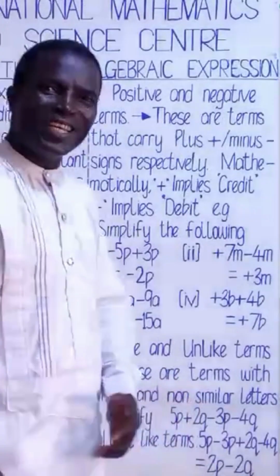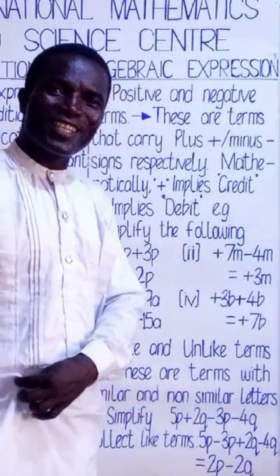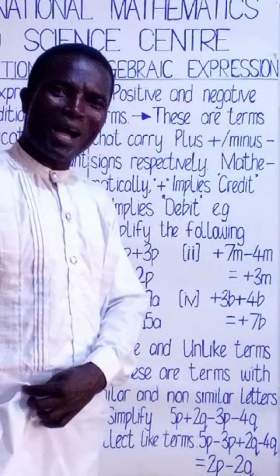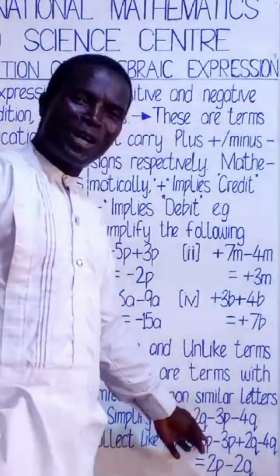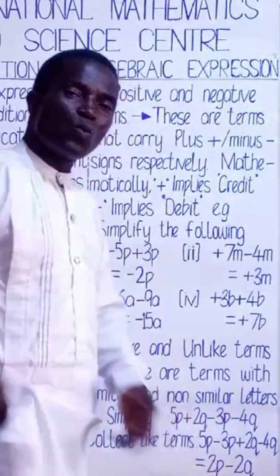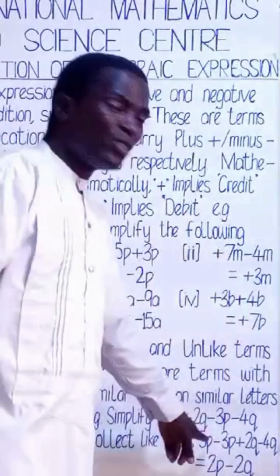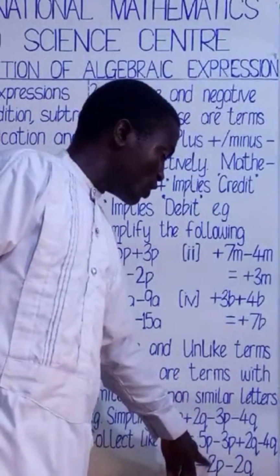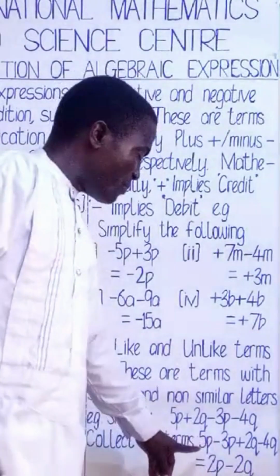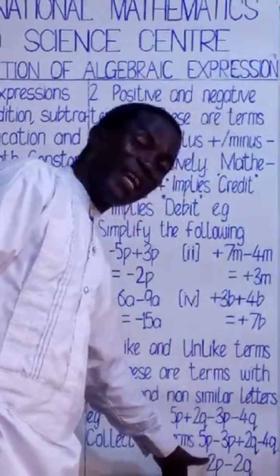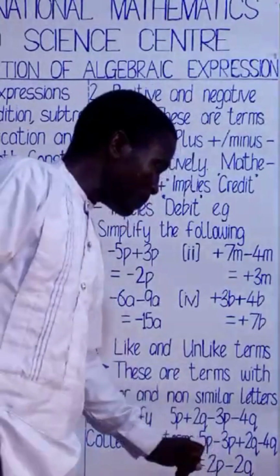You simply dip your hand into your pocket and bring out some of the 5 that you have with you. You count the 3 that you are owing and give it to the person, and so the balance is going to be plus 2p. Remember, there is an invisible plus here, plus 2p.